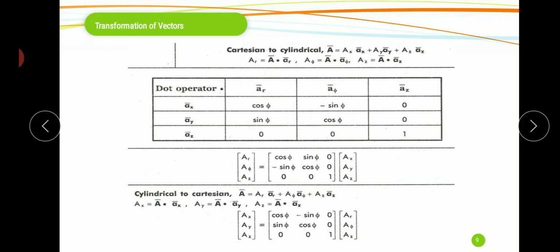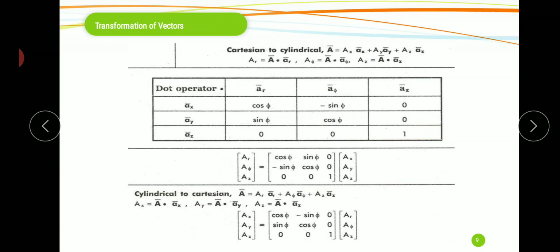Here a bar x dot a bar r is equal to cos phi. Similarly, the dot product between ax bar and a phi bar is minus sin phi. Similarly, ax bar dot az bar is equal to 0. So by using this table we can easily find the dot product between unit vectors. For example, az bar dot az bar is equal to 1.